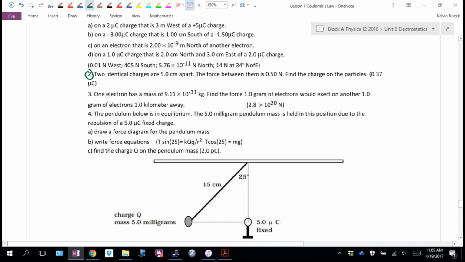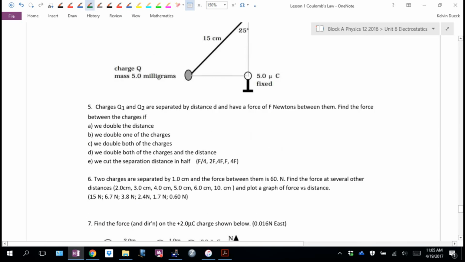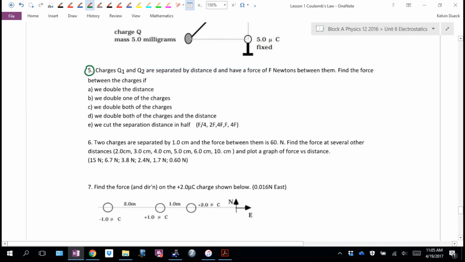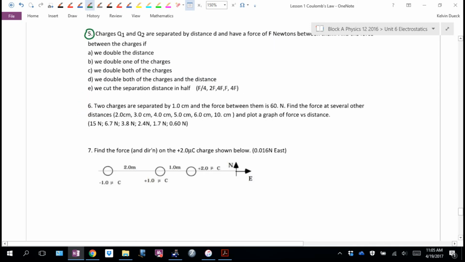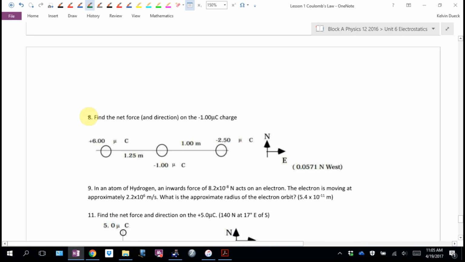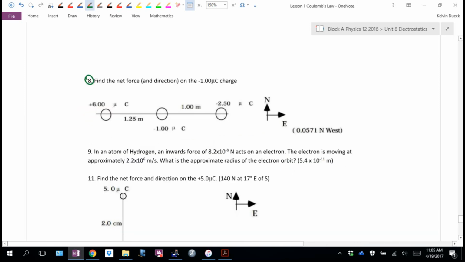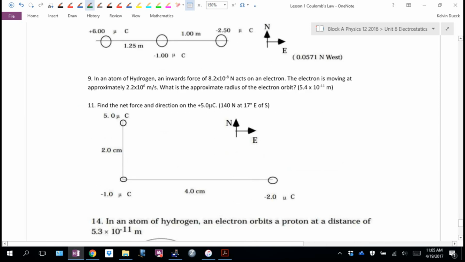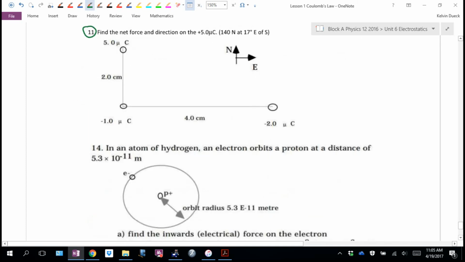Three, no. 4, no. 5 is fine. 7 is good. Skip 6. 8 is good. 9 is good. 11 is good. What happened to number 10? I don't know.